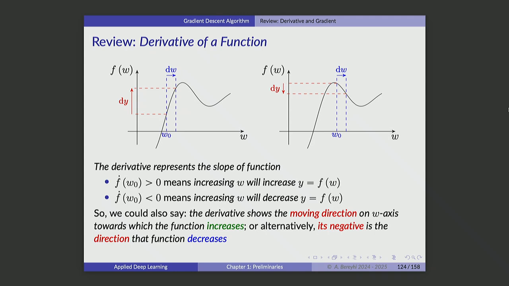So I move forward to decrease the function, right? So the key observation here: the sign of the derivative gives the direction on the w-axis, either positive or negative, and minus that direction is going to be the direction in which your function is going to get smaller, right?